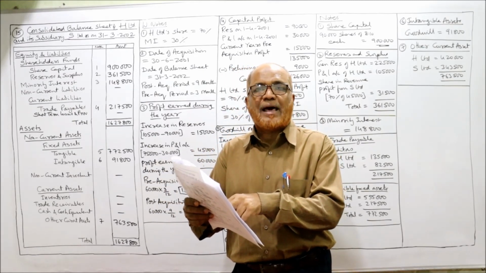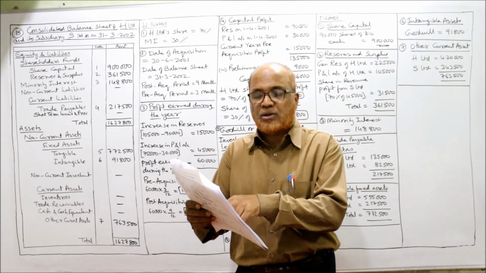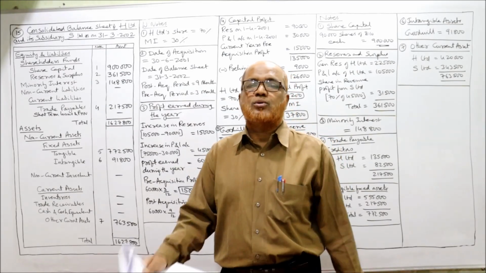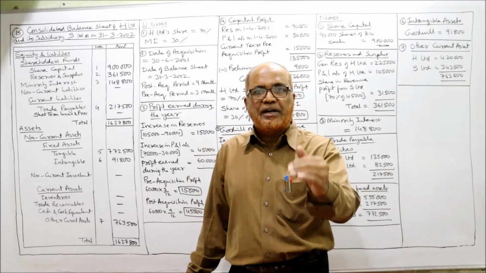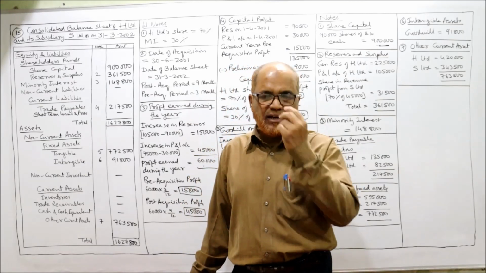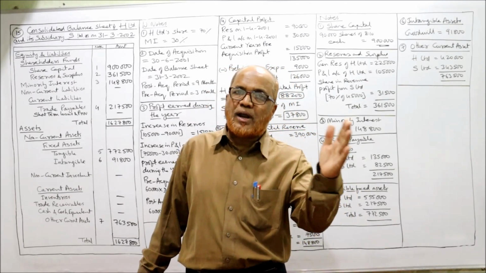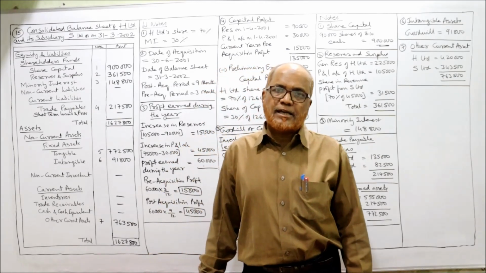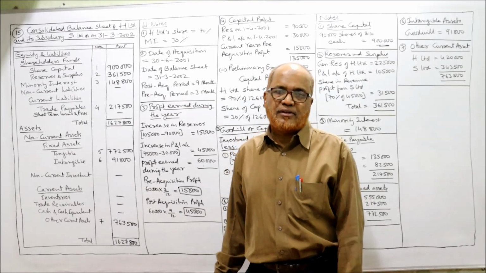General Reserve shows a balance of 90,000, Profit and Loss Account shows a balance of 30,000 and preliminary expenses shows a balance of 9,000. Preliminary expenses is a fictitious asset; it will be deducted. So any profit, any reserves before acquisition is a capital profit, that should be considered while calculating goodwill or capital reserve.